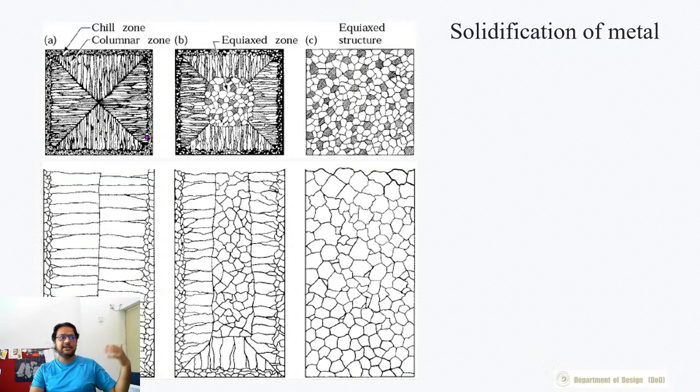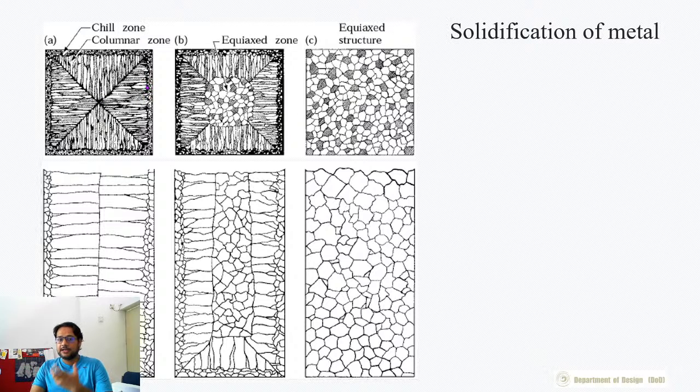Let's consider steel. Most likely, since there are different colored grains here, white and gray, this is a representation of steel, where these black grains and the white grains have slightly different compositions.